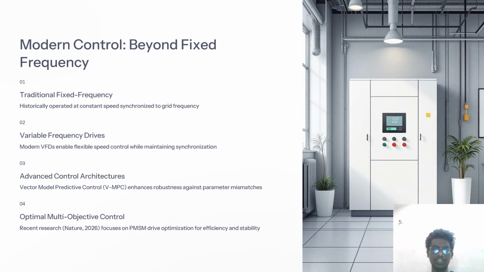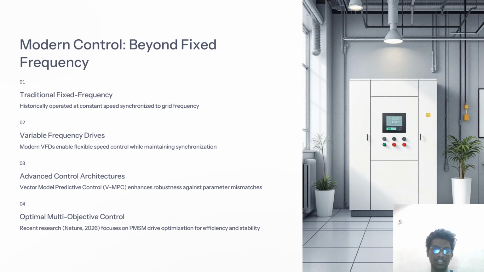Modern control beyond fixed frequency. There are four: traditional fixed frequency, variable frequency drive, advanced control architecture, optimal multi-objective control. Traditional fixed frequency historically operated at constant speed synchronized to grid frequency. Variable frequency drives: modern VFDs enable flexible speed control while maintaining synchronization.